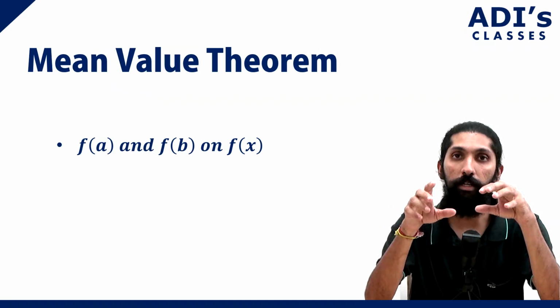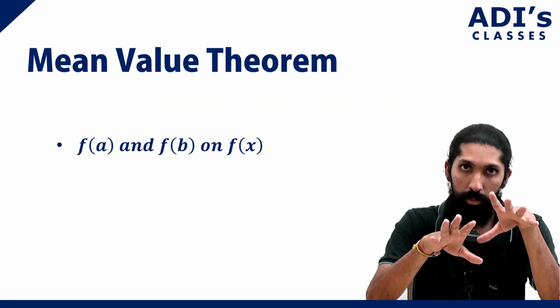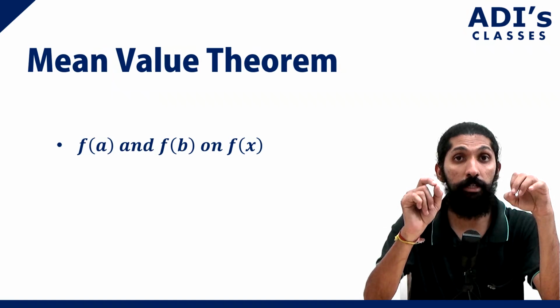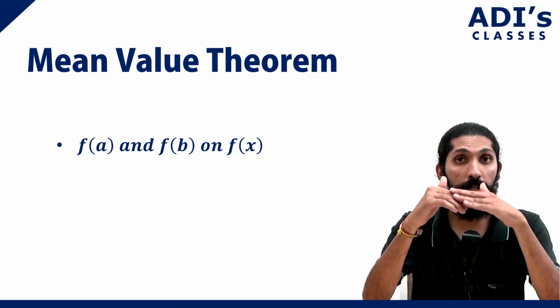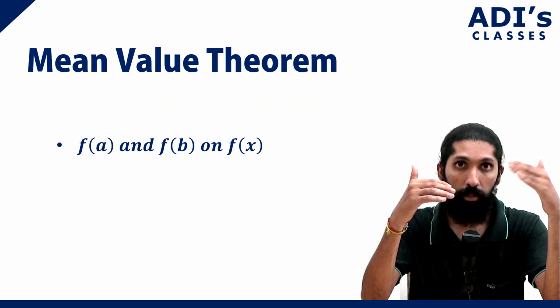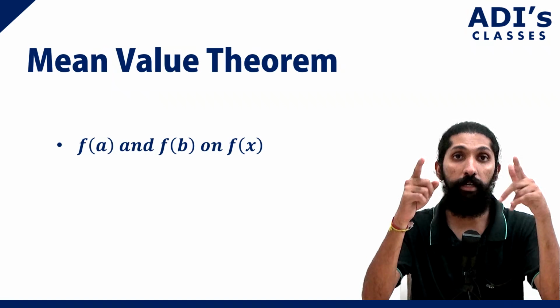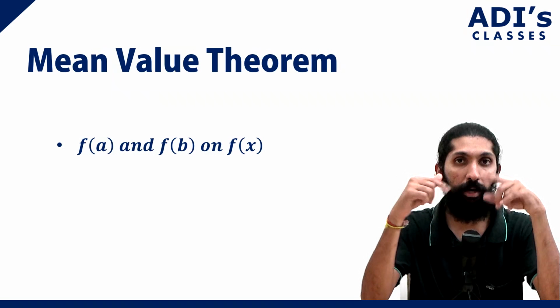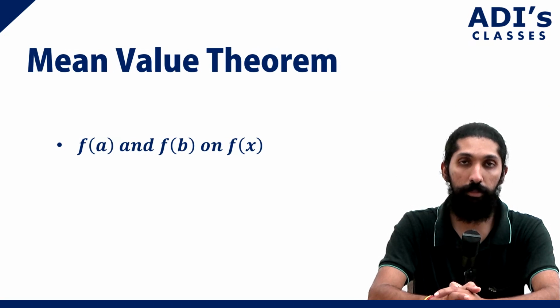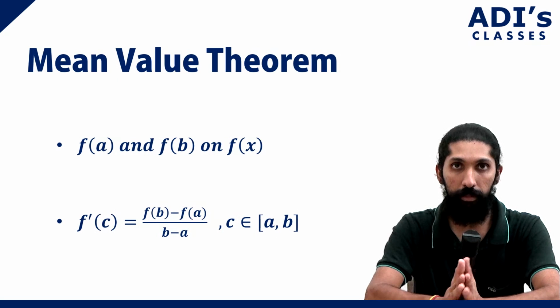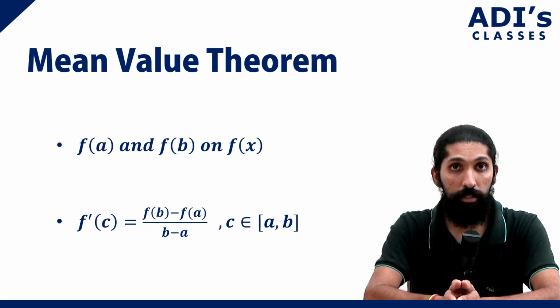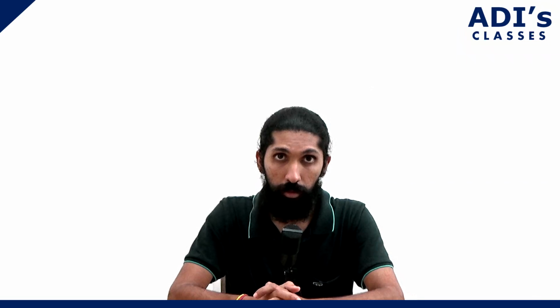We have a point C between A and B such that if you draw a tangent at C, that tangent and the secant have the same slope. In other words, the tangent at C and the secant between A and B are parallel to each other. Mathematically, f dash of C is f of B minus f of A by B minus A. So this is the mean value theorem. This summarizes the entire chapter of continuity and differentiation.